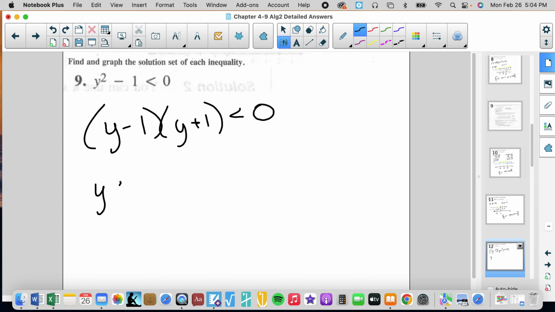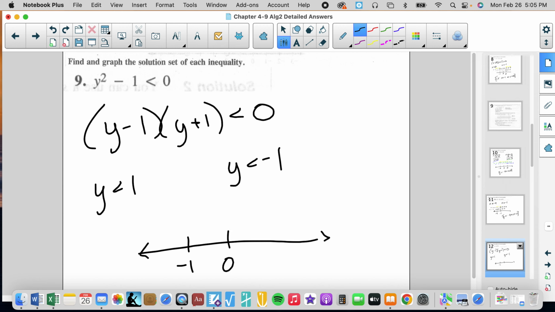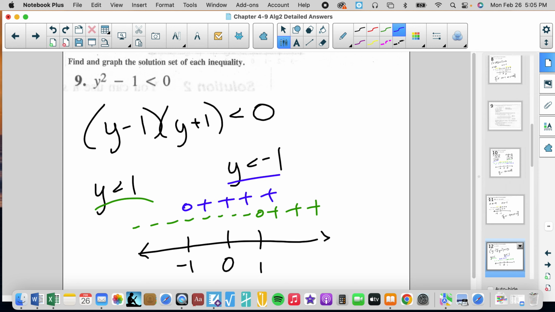So we get y is less than 1, y is less than negative 1, and that's going to be less than 0, which makes it negative 0, 1. This one will be 0, plus plus plus, minus minus minus. This one is going to be 0, plus plus plus plus plus, minus minus.